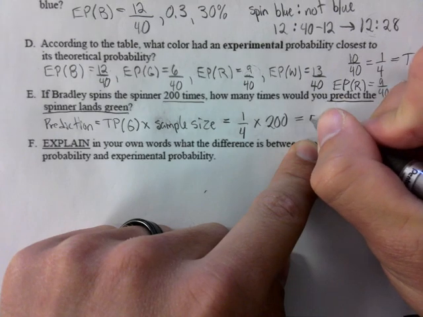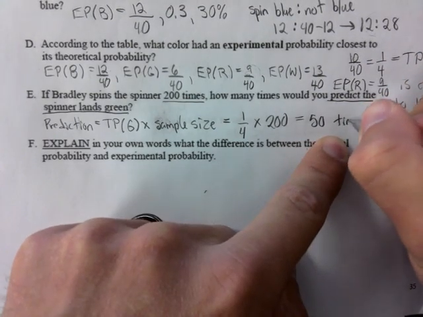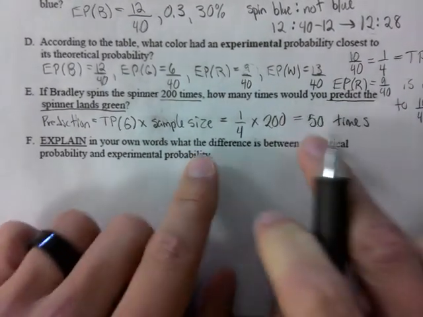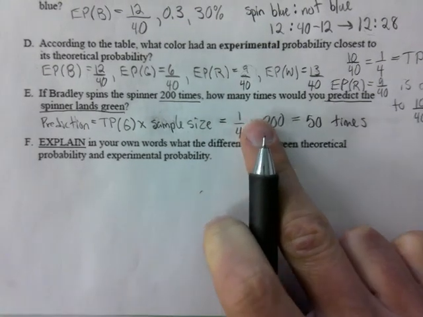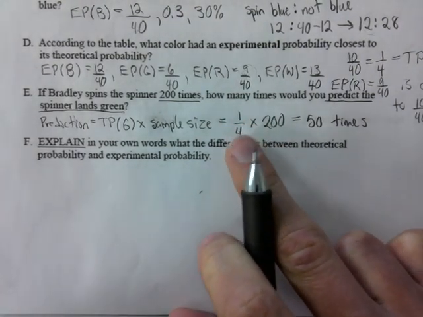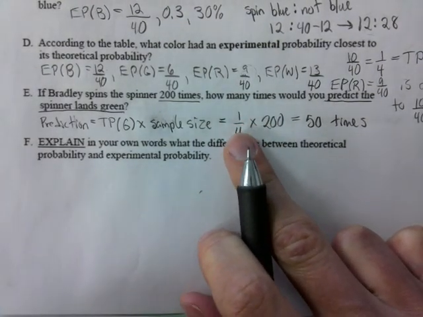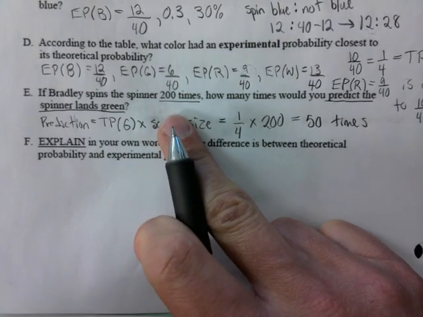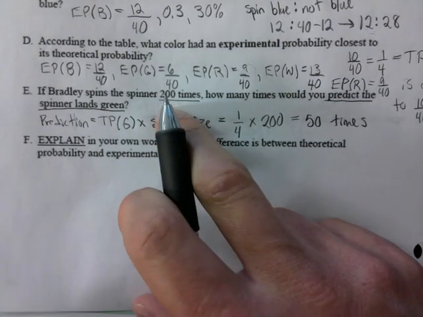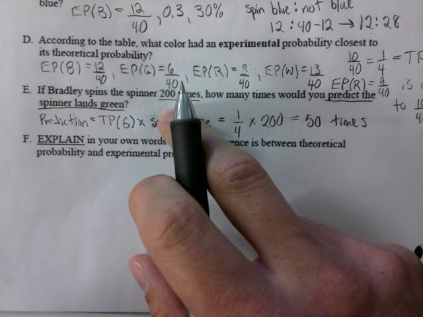If we plug that into our calculator, it will give us 50. So we predict that he will spin green 50 times if he spins the spinner a total of 200 times.